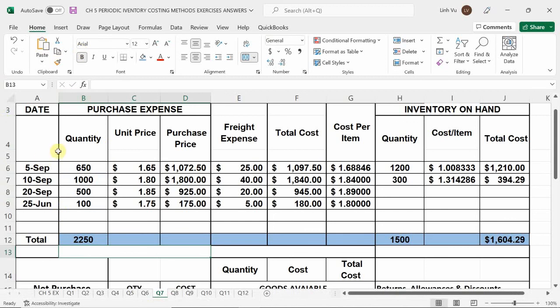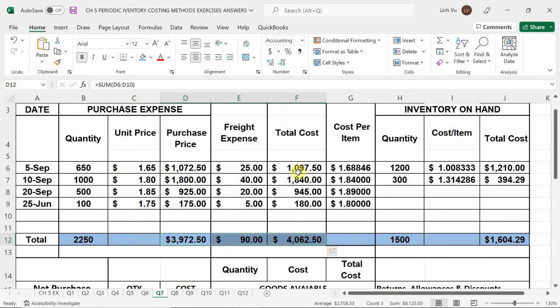What was my total purchase price? That gave us $3,972.50. Okay. My freight, 90. And then that will give you your total cost of $4,062.50.